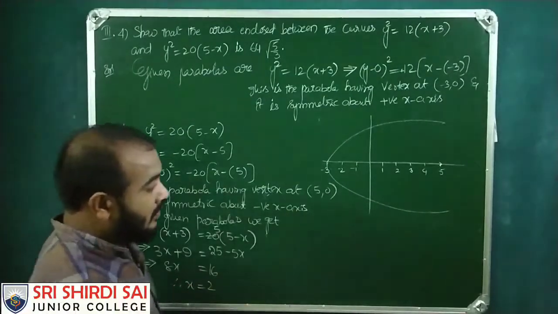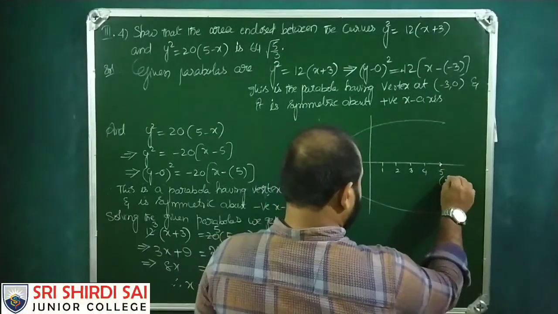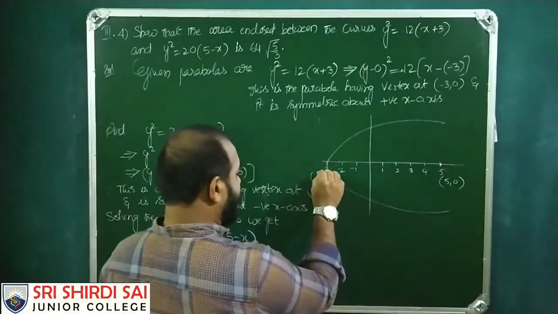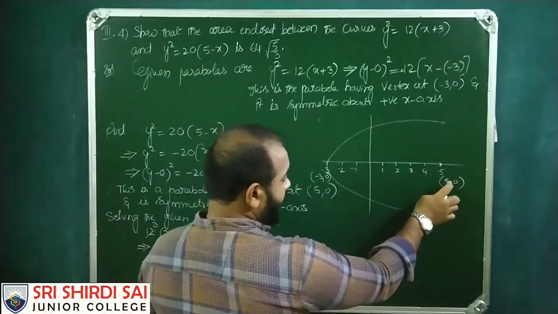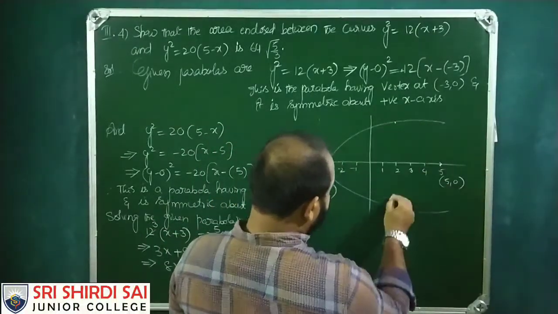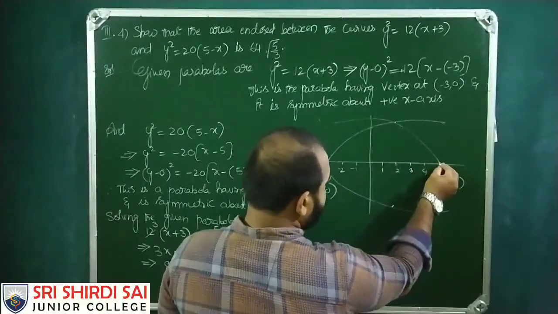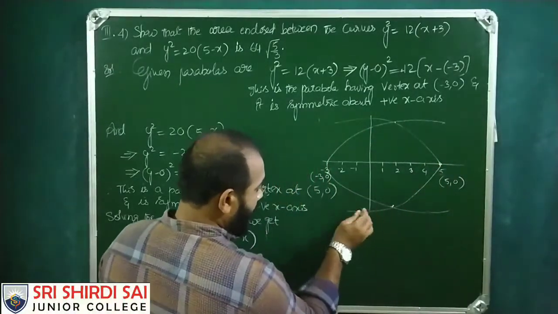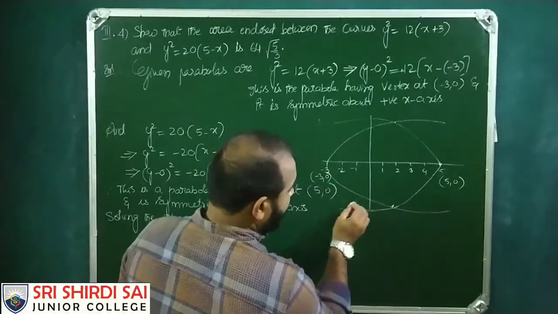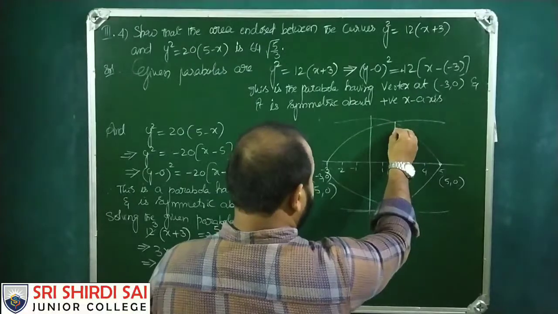Therefore, having vertex at 5, 0, this is minus 3, 0. Having vertex at 5, 0, these two are intersecting at x equals 2. So actually both are intersecting at this x equals 2.